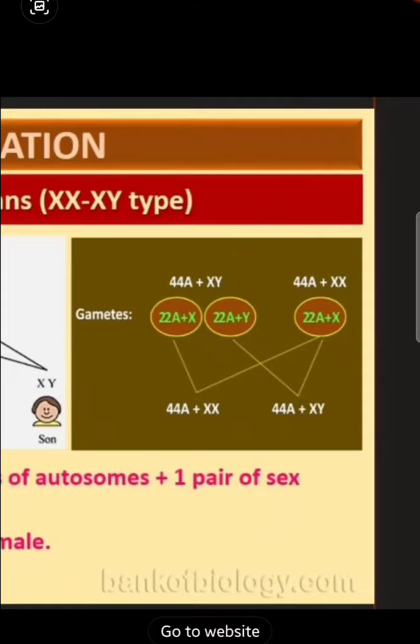Okay, here especially in human beings 22, but these autosomes may vary in the case of Drosophila and human beings. So here 44 autosomes they will give, and the 44 autosomes obviously have to get reduced by half to form the gametes. Then 22 autosomes they will give, both same, but where it will differ is in the allosomes.